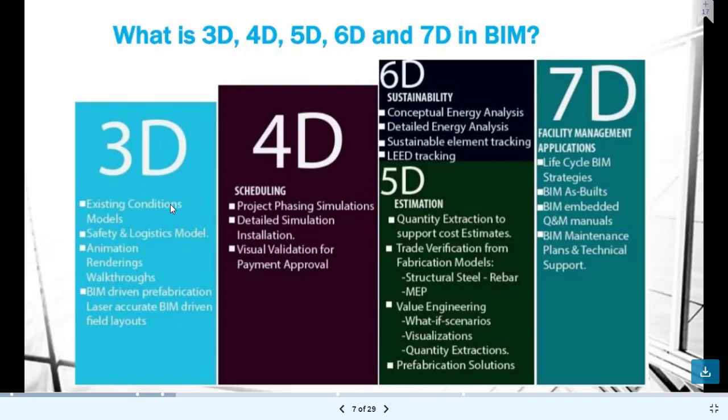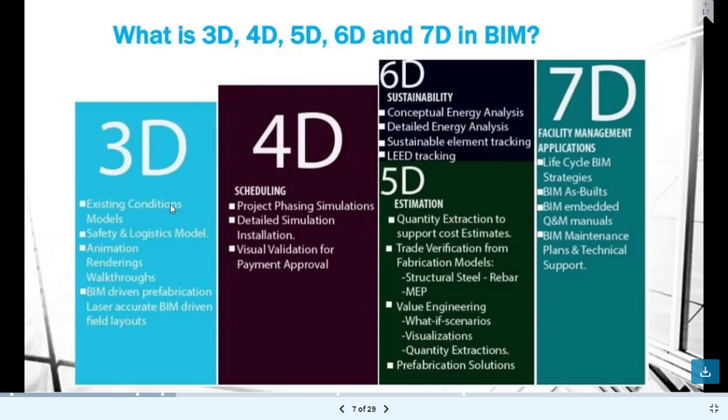Next, go to 6D. In 5D also we have to take the estimation. That's why I'm going directly to 6D, because in 4D and 5D I want to say the same things. In 4D I schedule time and cost. That's why in 5D also we estimate, with quantity extraction to support cost estimates and materials, how much material we have to take in.